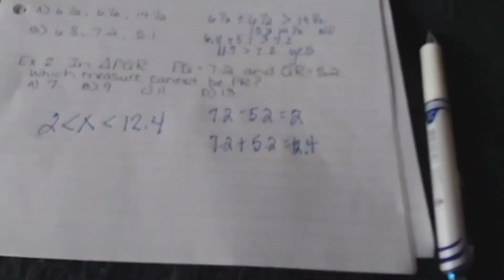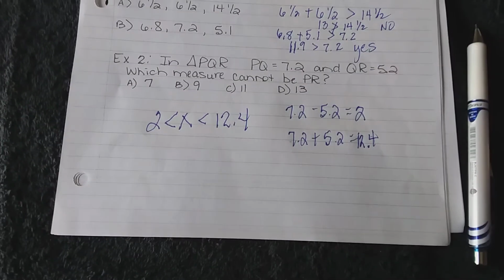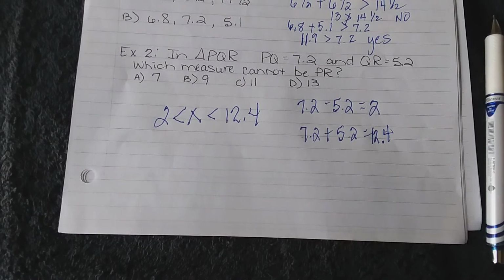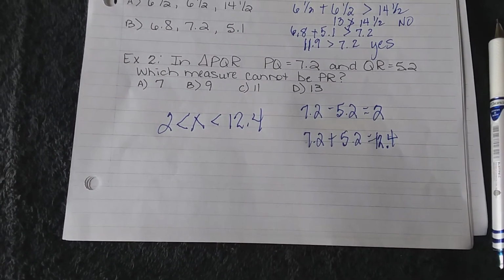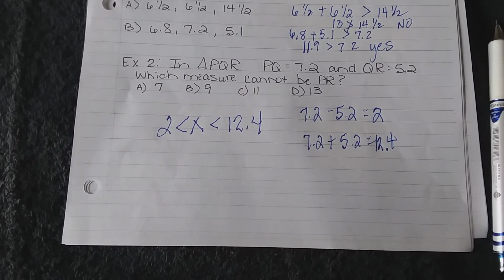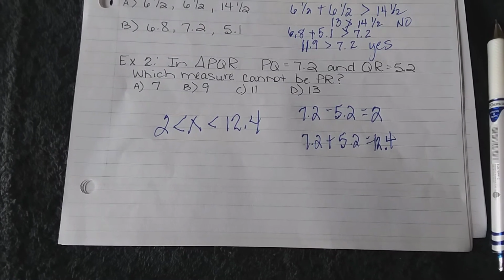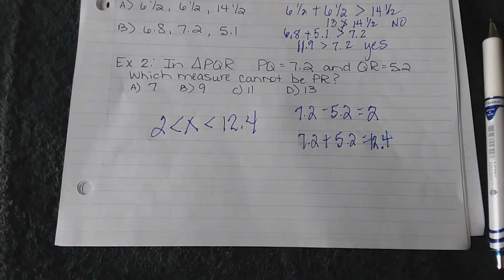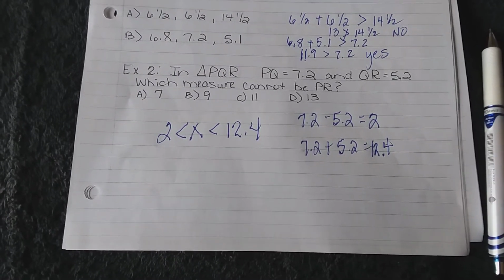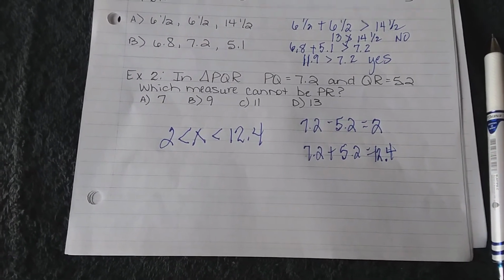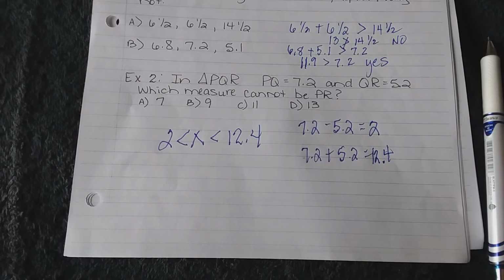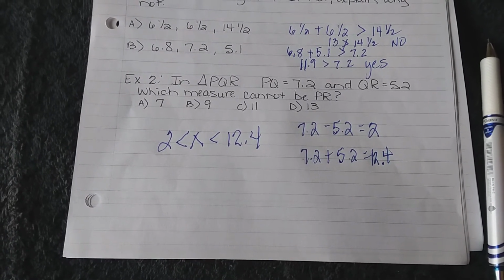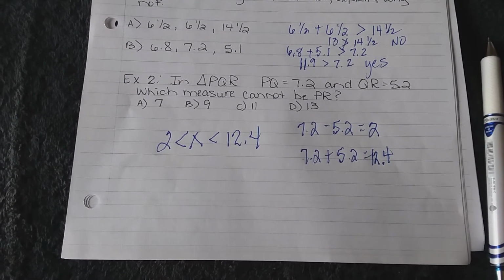So anything in between, let it refocus, anything between those two numbers will work for this to make it a triangle. So which one does that leave out of A, B, C, and D? Of course, that answer is D, 13. It will not work. Hopefully you do not have any questions, but if you do, you can email them to me.